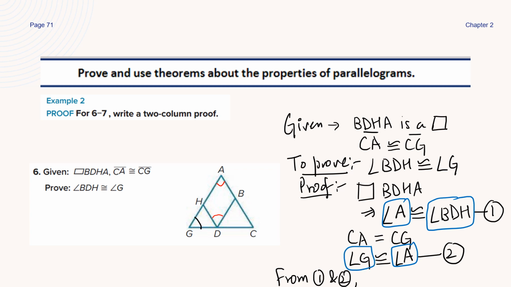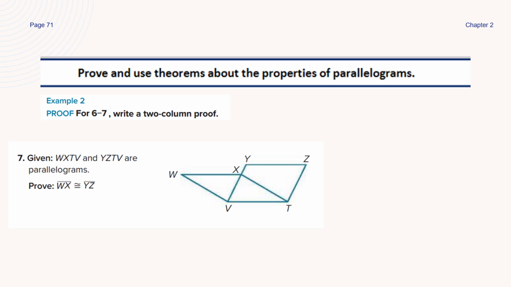So BDH is equal to 50 measure and angle G is also equal to 50. So can we say that angle BDH is also congruent to angle G? Yes, it is true. So therefore we have proved the question. We had to show this only, that angle BDH is congruent to angle G. This is true.